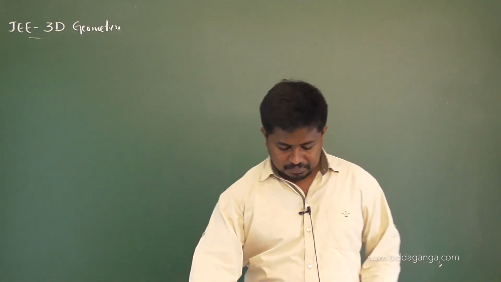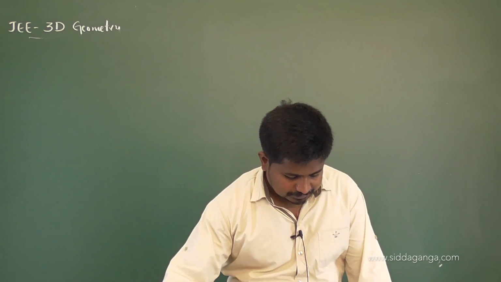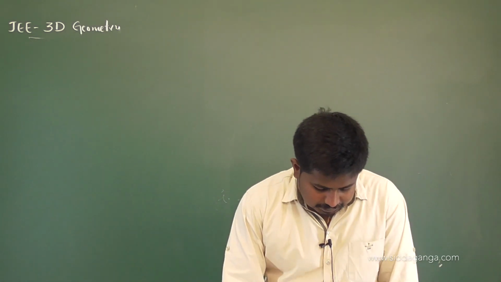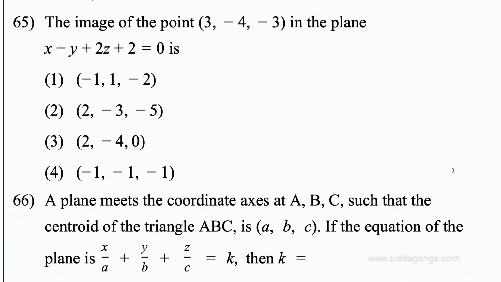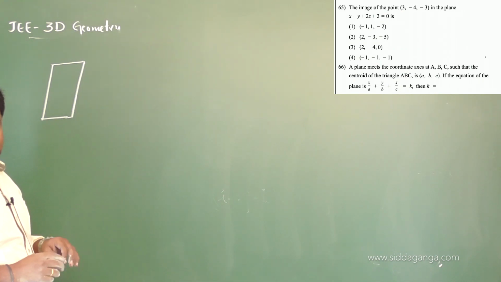Okay, let me move to question number 65, right? The image of the point (3, -4, -3) in the plane. So, image in the sense, let me take this as a plane, x minus y plus 2z plus 2.